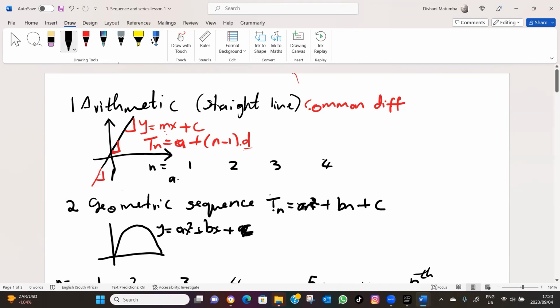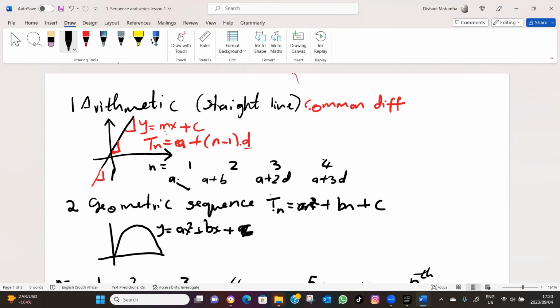But if you substitute 2, you're going to get a plus 2 minus 1, which is a plus d. If you substitute 3, you're going to get a plus 2d. If you substitute 4, you're going to get a plus 3d.